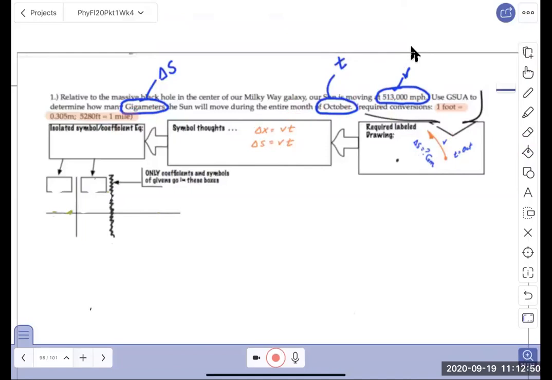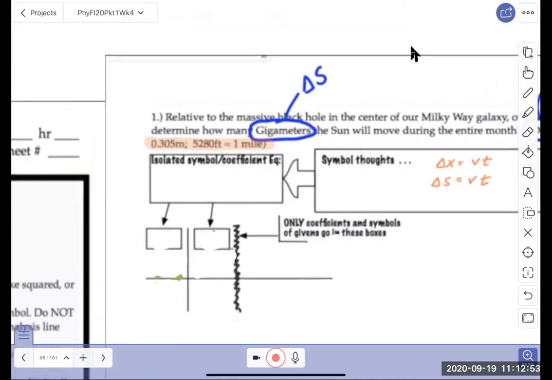So in isolating the variable, it's just the same equation. Now I changed that delta x, which I had written there. When I wrote that 3 or 4 years ago, I wasn't thinking that. So I made it delta s because delta s is better, because the sun does not travel in a straight line.